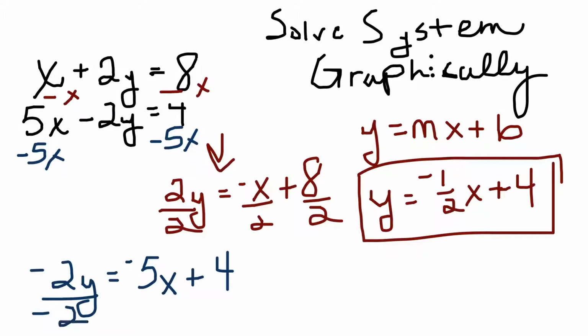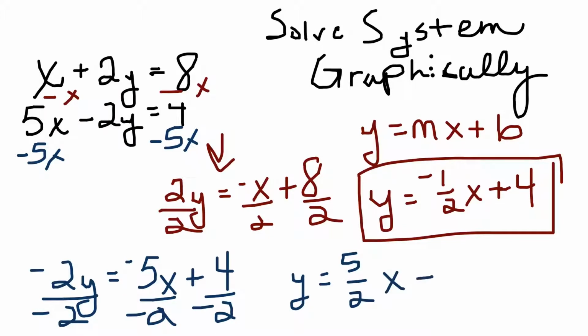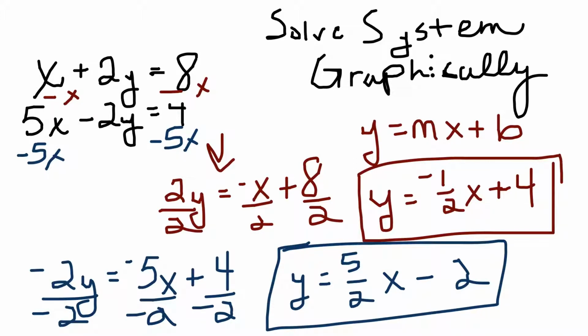Divide by negative 2 to everything, and I end up with y equals 5/2 x minus 2. Notice what I did: I got it in that y equals mx plus b form, so I can pull out the slope and the y-intercept, and now I can use that to graph and find that intersection. That's what we're going to do on the next slide.